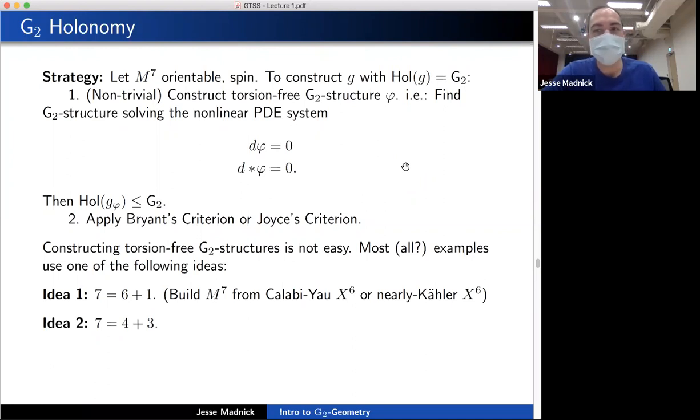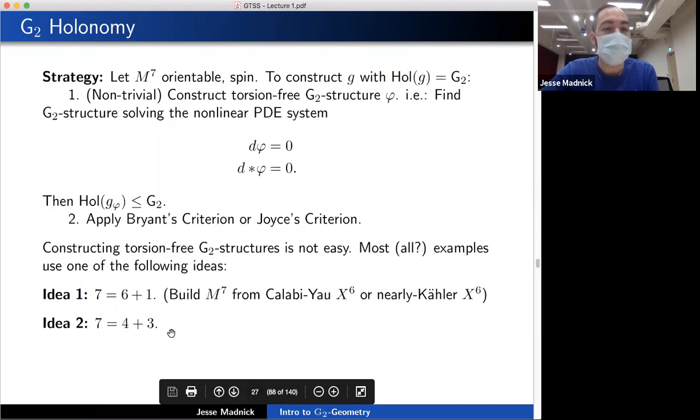What I mean more seriously by 7 equals 6 plus 1 is to use the inclusion of SU3 into G2. I'll talk more about that inclusion in the next lecture, but it is very fundamental, and it suggests that you might be able to build a 7-manifold from Calabi-Yau 3-folds or nearly Kähler 6-manifolds, which we'll talk about more next time.